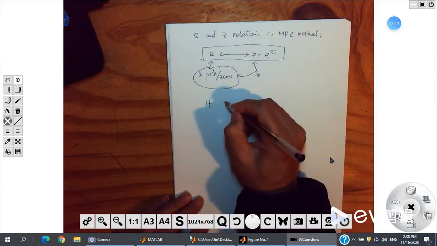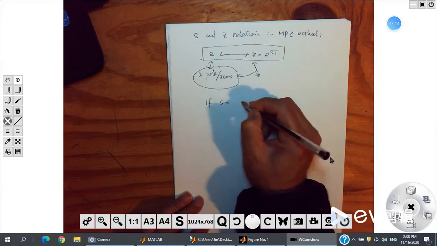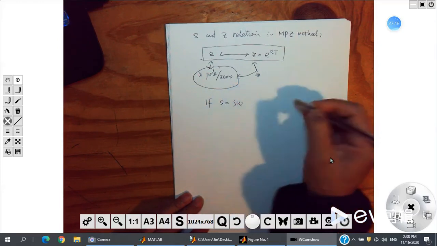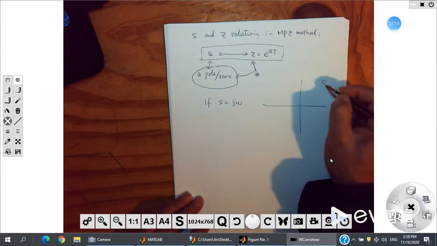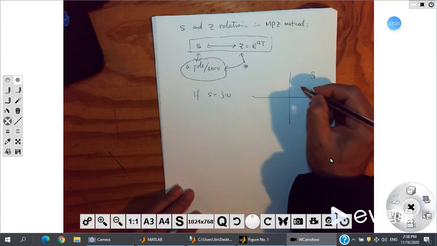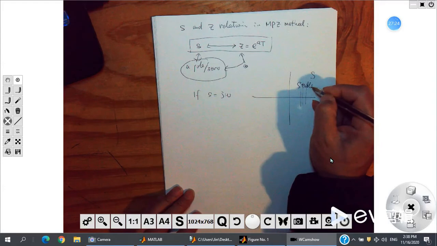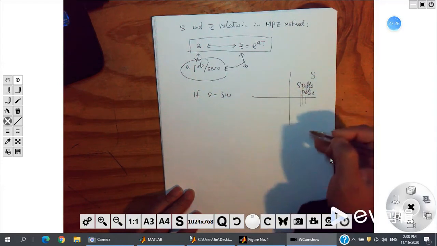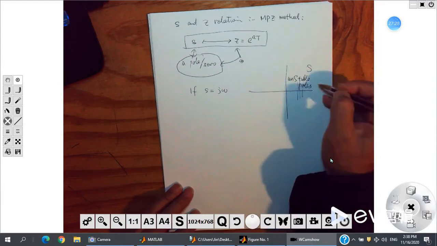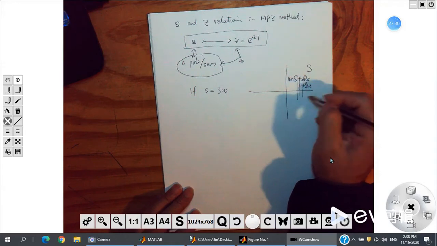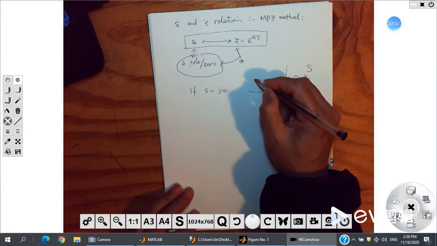If S equals j omega, actually in the S domain, we have this side, the unstable poles. If you have any poles here, the system is unstable. And here are the stable poles.